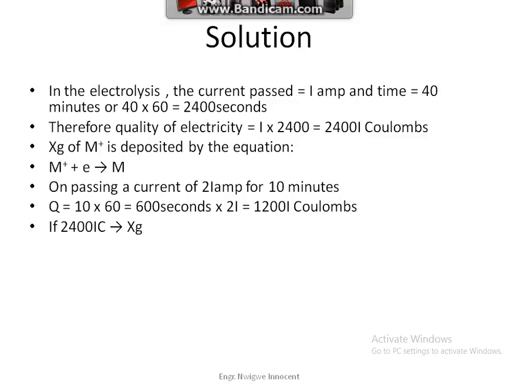If 2,400 I coulombs is equivalent to X gram, 1,200 I coulombs will be equal to X over 2,400 I coulombs times 1,200 I over 1, which is equal to X over 2 gram, which now means our answer is B.